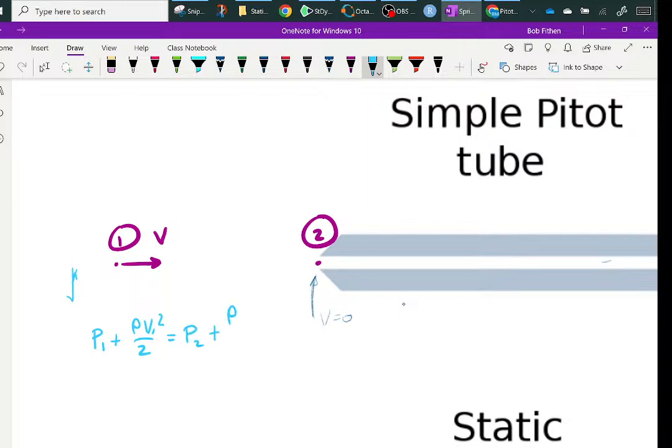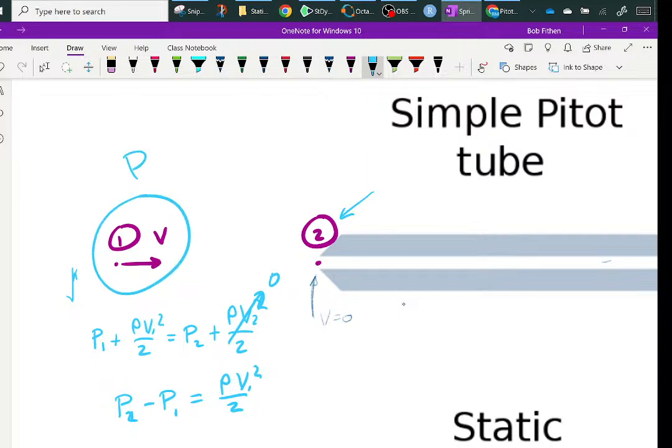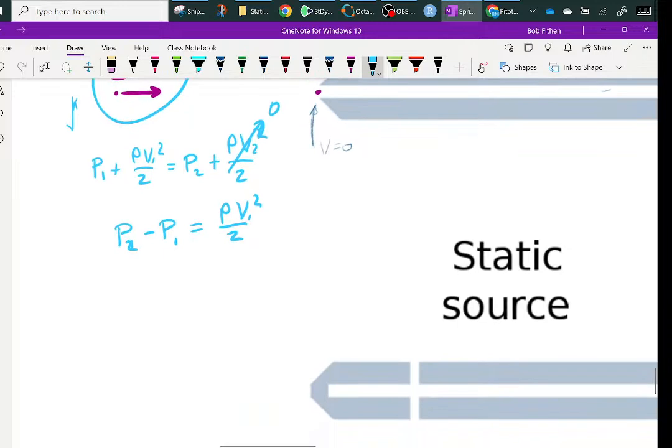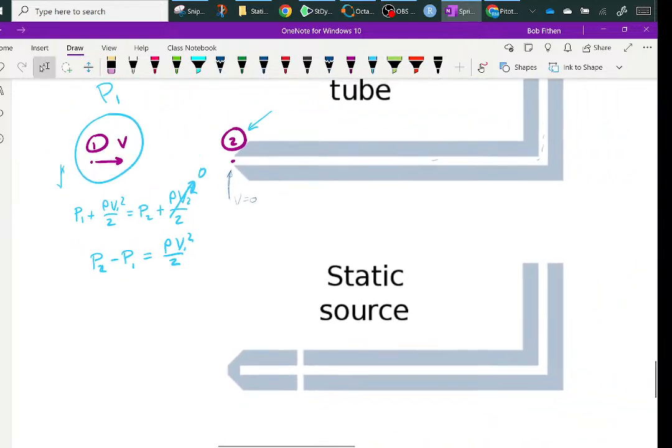P2 plus rho V2 squared over 2, but that velocity is 0. So right there, P2 minus P1 is equal to rho V1 squared over 2. But you have the ability to measure this pressure. What's the pressure out here? Can you get that? And that's where you've got this one.